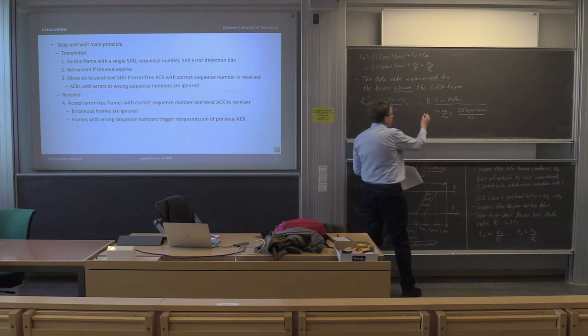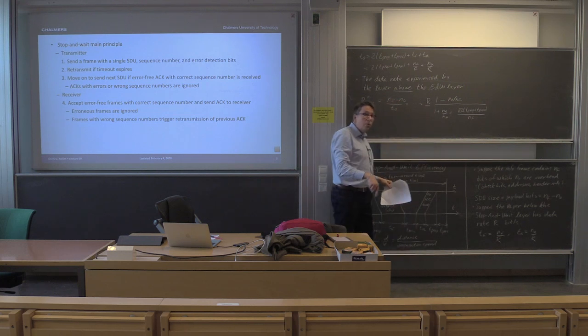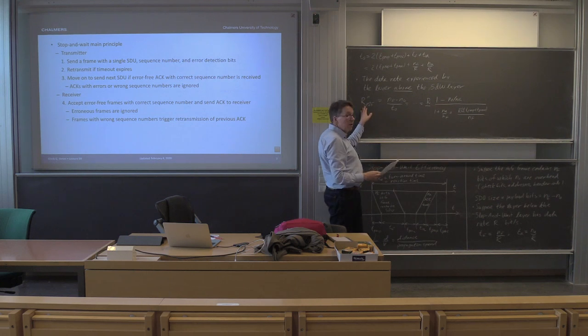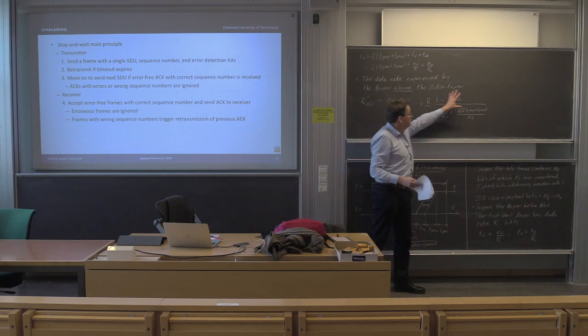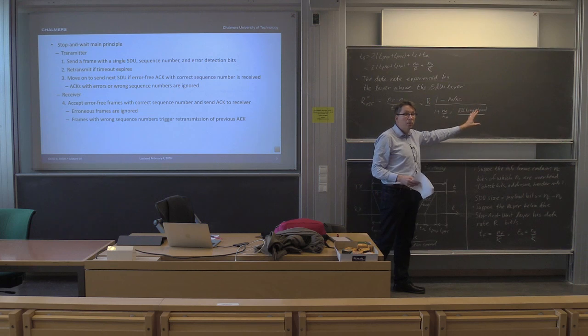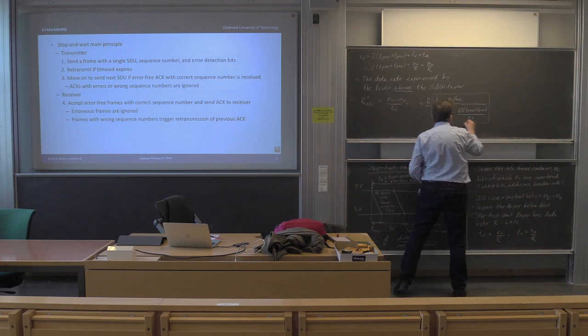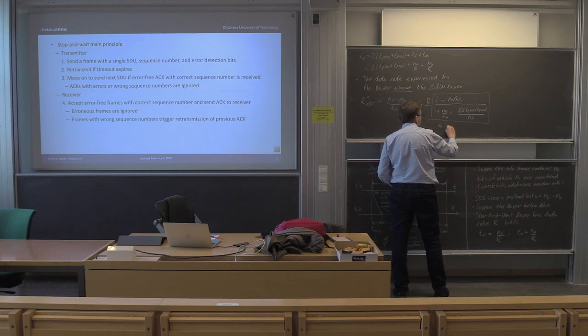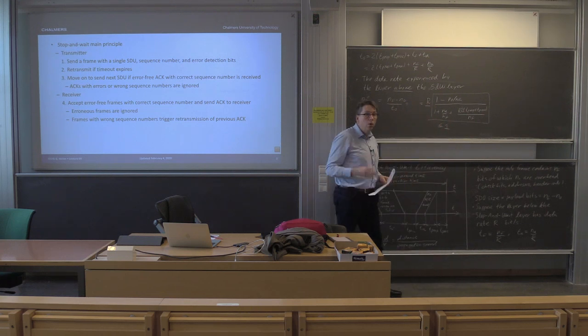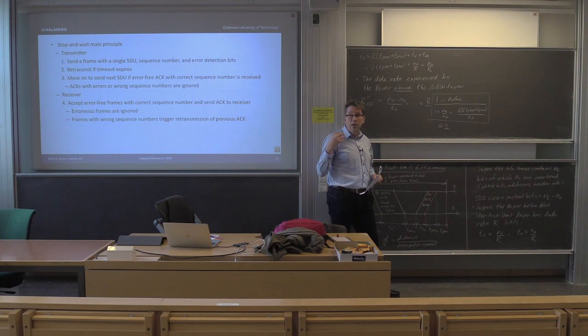Okay, so this is the data rate that we got from below, and we know that we cannot deliver a data rate which is higher than this. So this factor here is something which is less than or equal to 1. Obviously, we would like this to be as close to 1 as possible.